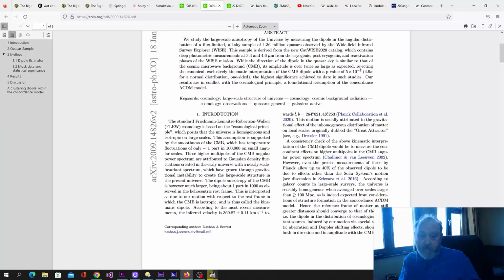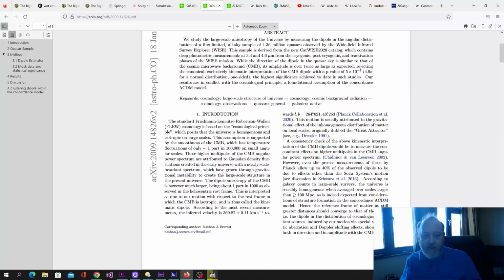If we just read the first paragraph of this particular paper: the standard Friedmann-Lemaître-Robertson-Walker (FLRW) cosmology is based on the cosmological principle, which posits that the universe is homogeneous and isotropic on large scales. This assumption is supported by the smoothness of the CMB, which has temperature fluctuations of only 1 part in 100,000 on small angular scales.